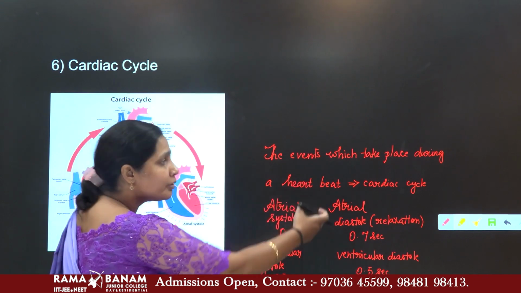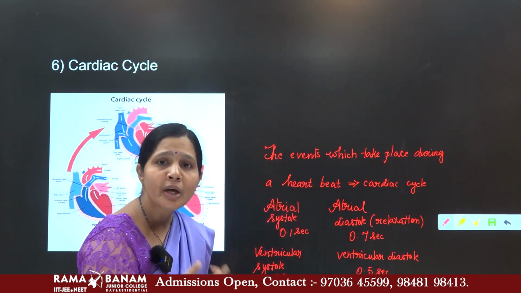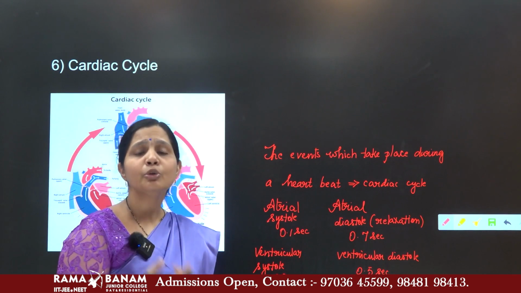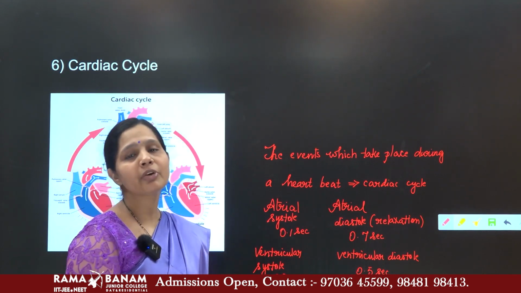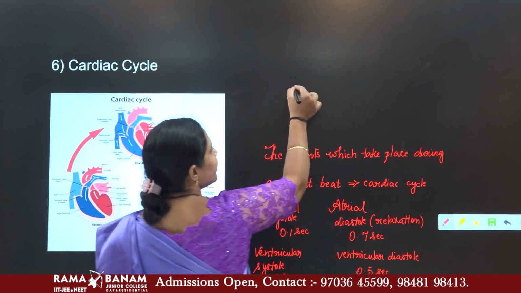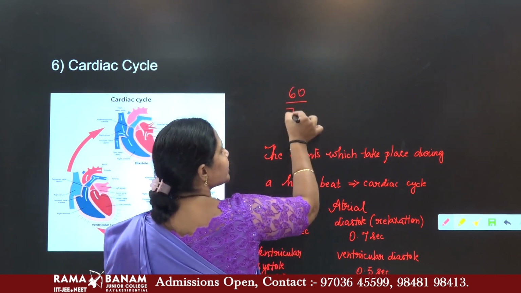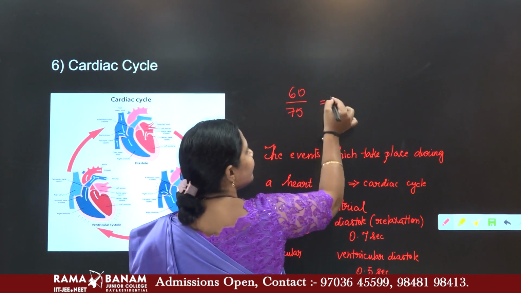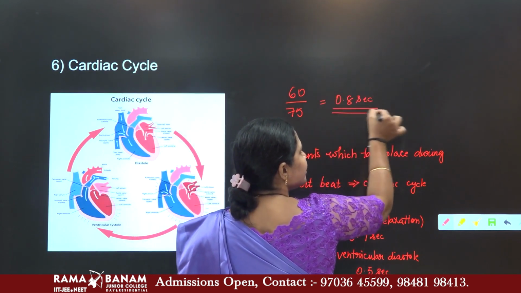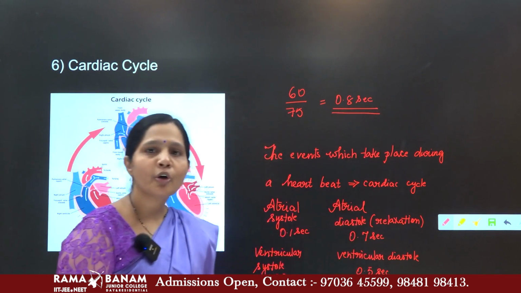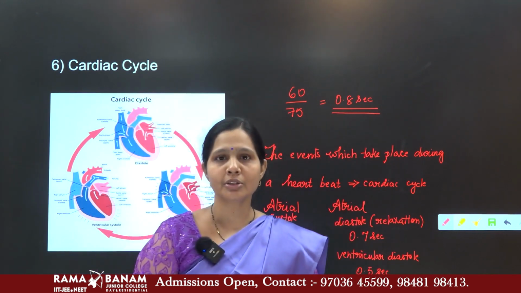And for one heartbeat to take place, usually the heart beats 72 to 75 times in a minute. So if we divide 60 by 75, in 1 minute, it takes 0.8 seconds for one heartbeat to last, right.